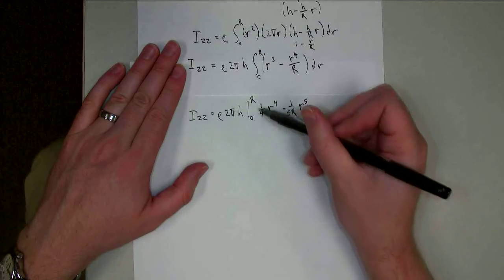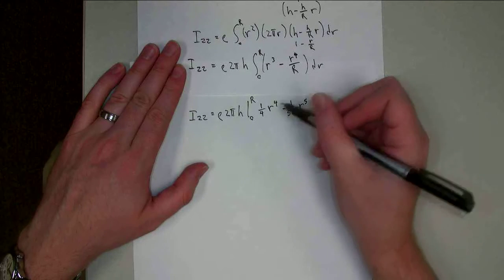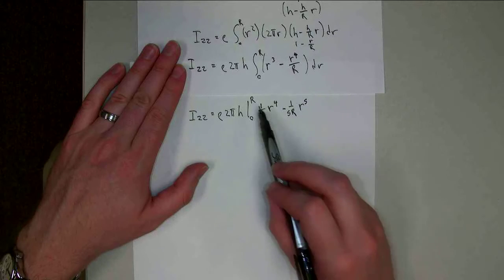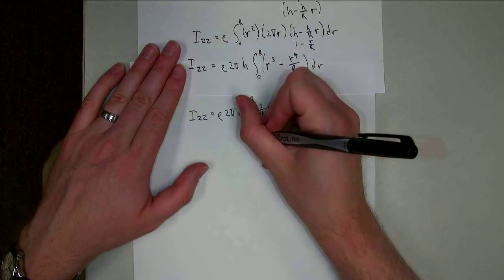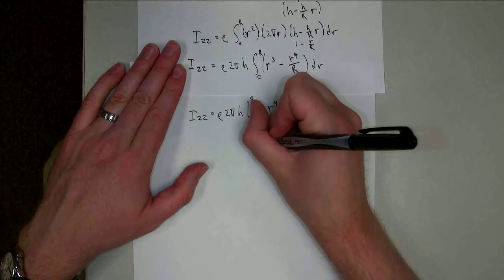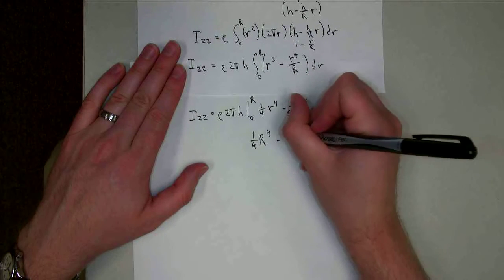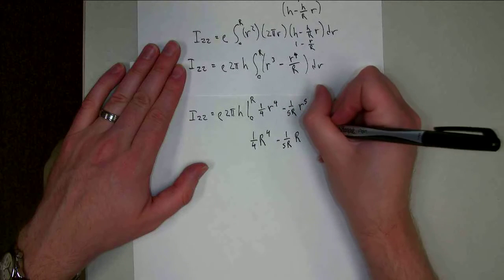Now I need to evaluate this from 0 to big R. If I plug in 0 to both of these, it's going to be 0, so I'm just going to look at this at big R. So I'm going to have 1/4 big R to the 4th minus 1/5 big R to the 5th over big R.